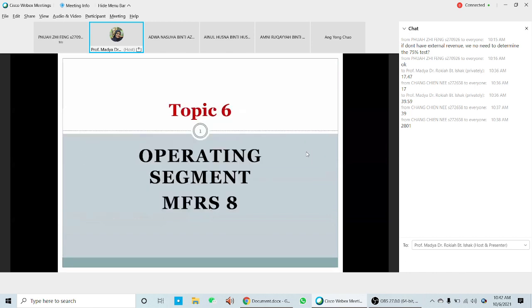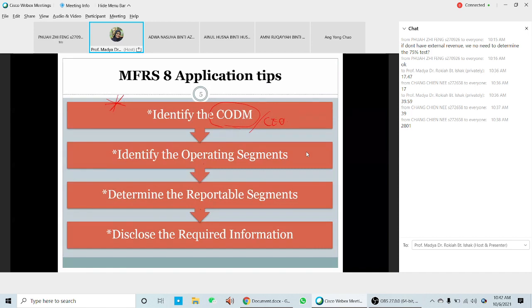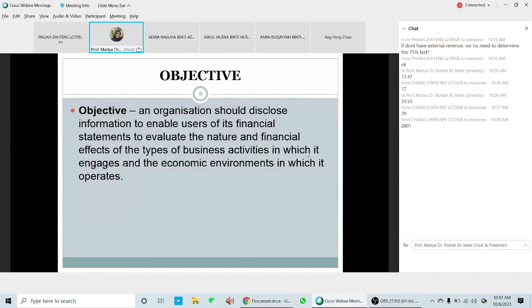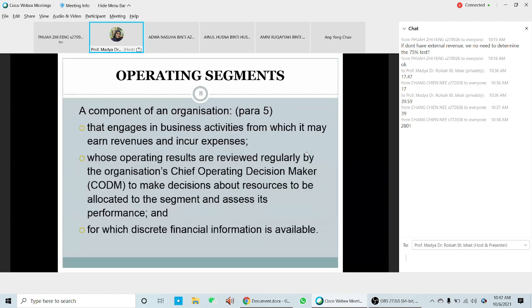So the important things here are the definitions, the component, which is used to determine the operating segment. From the operating segment, then we're going to have a reportable segment.